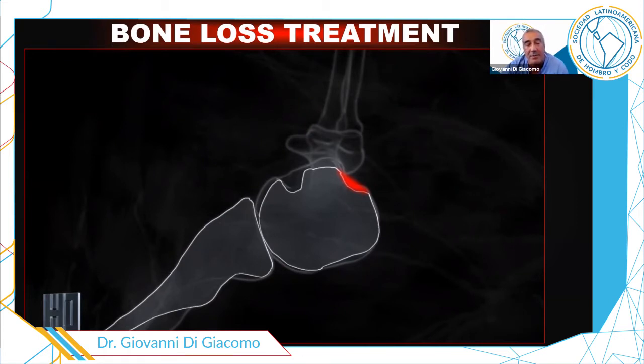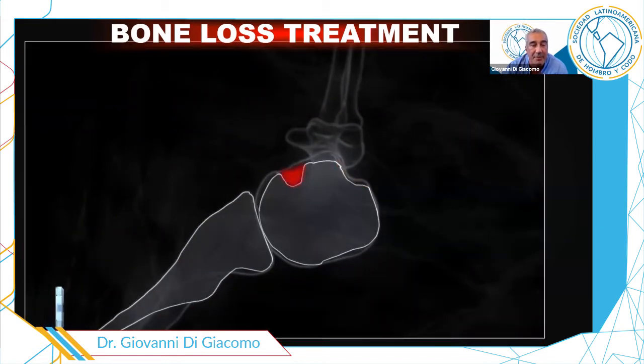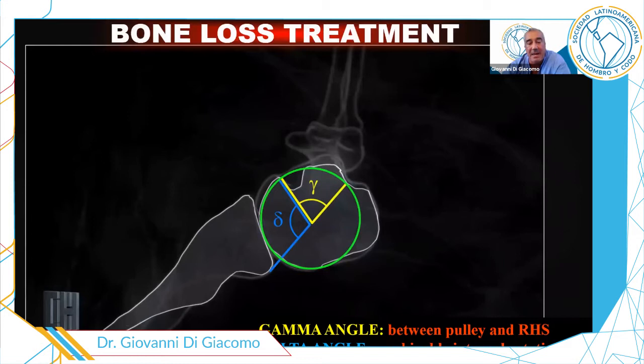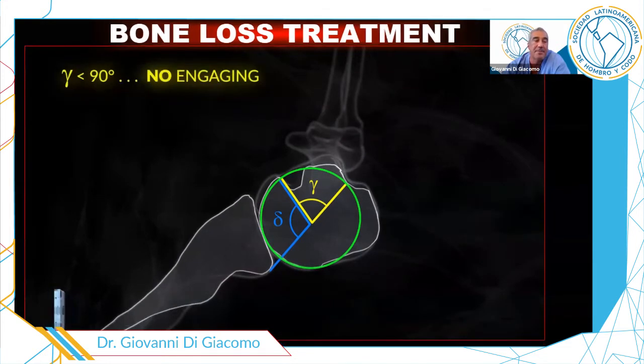At this point, you have to study on the axial view the position of the pulley and the position of the reverse Hill-Sachs. You have to describe an angle between the pulley and the most medial part of the Hill-Sachs. We call this the gamma angle. Another angle, between the Hill-Sachs and the most posterior part of the glenoid, we call the delta angle.